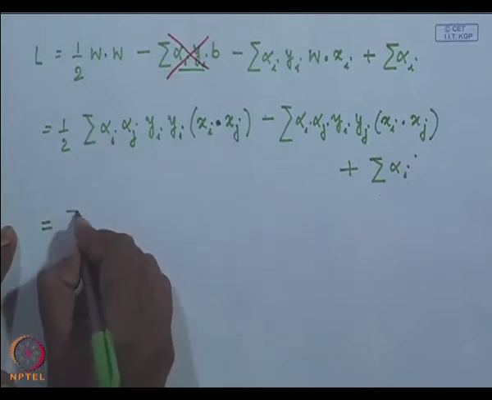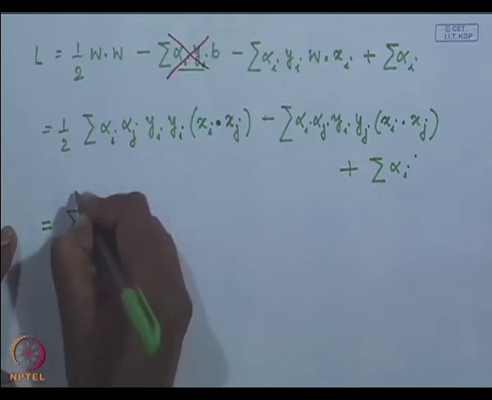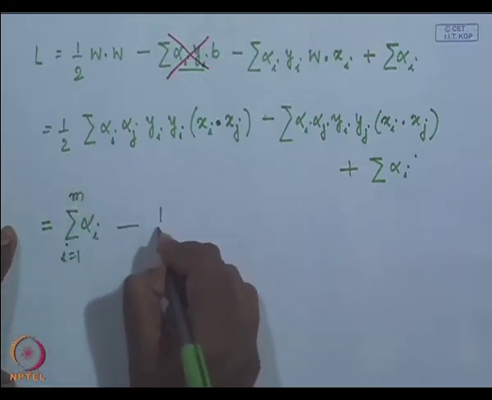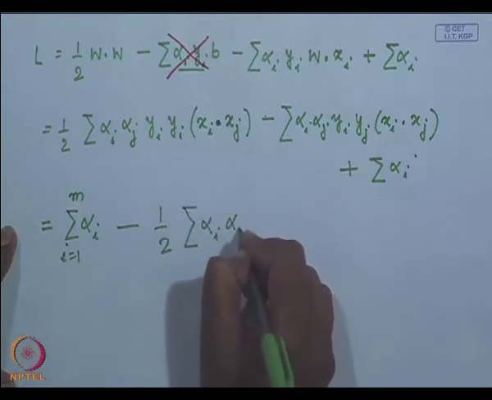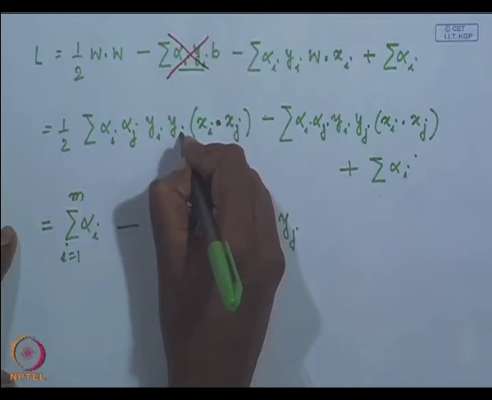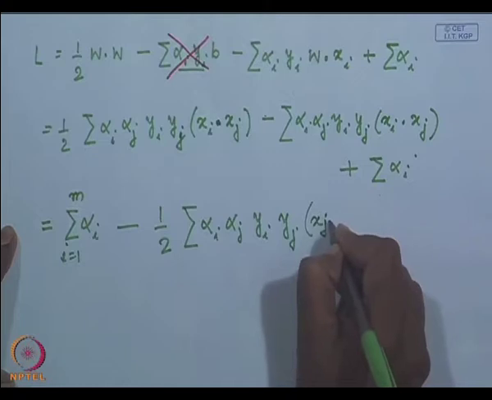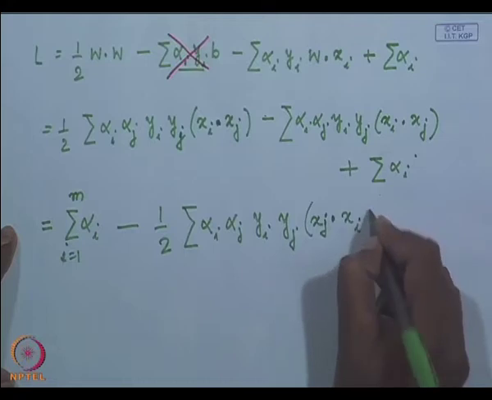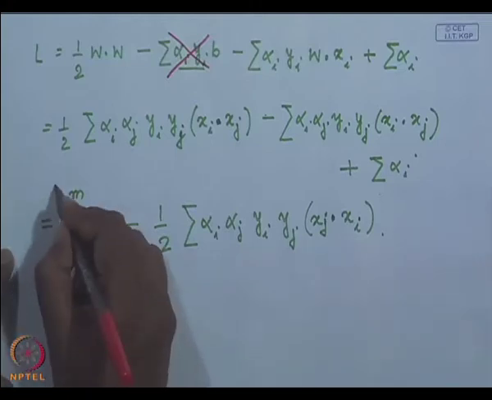So, this will be simply sum of alpha_i for i varying from 1 to m minus half of sum of alpha_i alpha_j y_i y_j into x_j dot x_i, which is the same as x_i dot x_j. So, it does not matter. So, I have the Lagrangian expression, which is this.